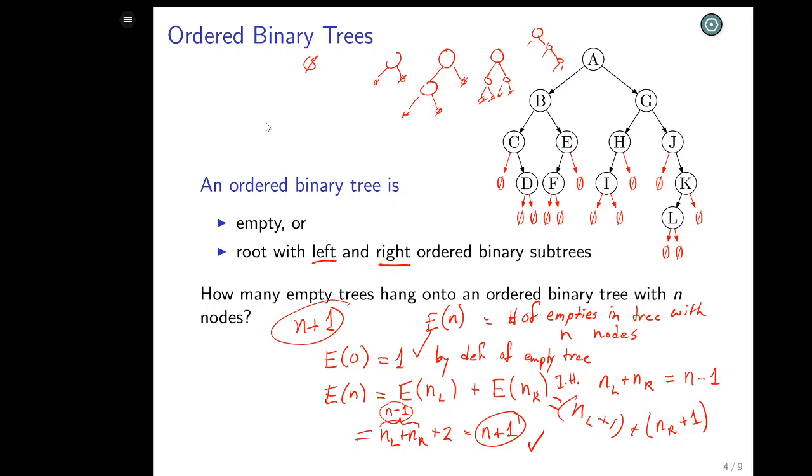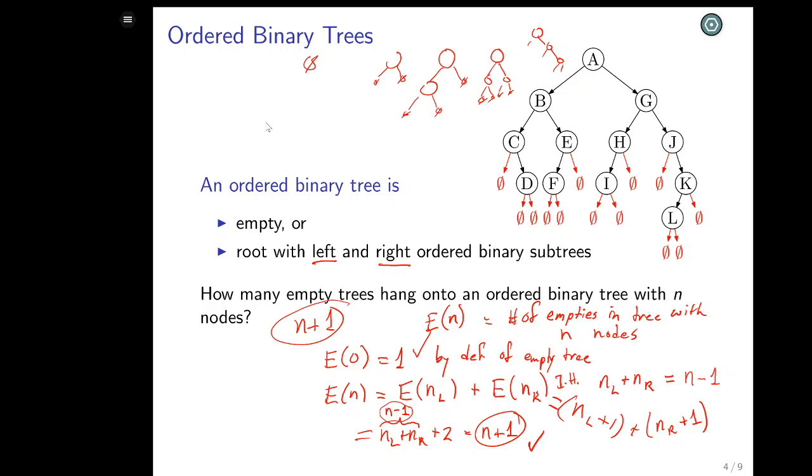The fact that NL plus NR is equal to n minus 1 comes from the definition of the tree. We know that the structure of the tree is a root plus two subtrees. So the number of nodes in those two subtrees is one less than the number of nodes in the entire tree.